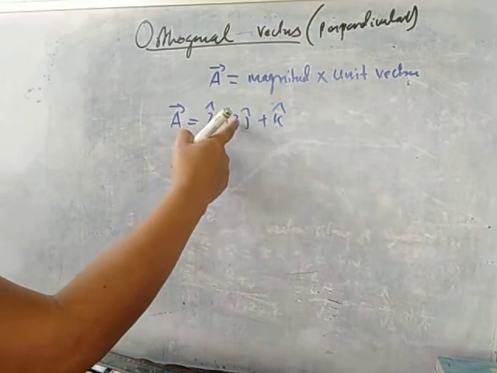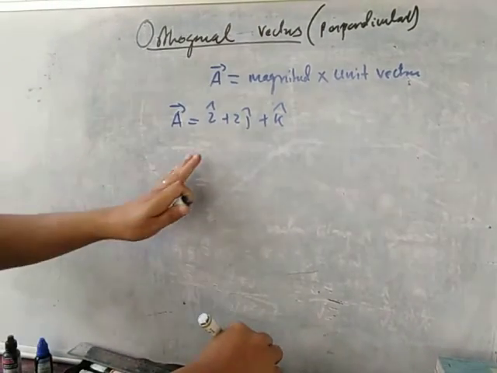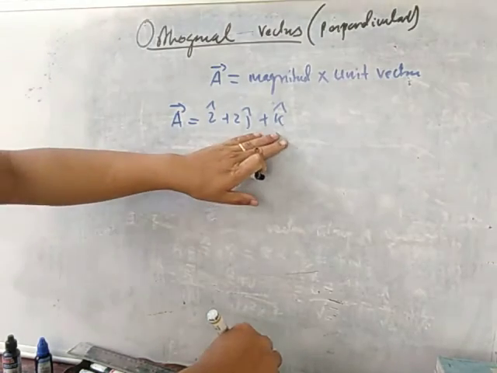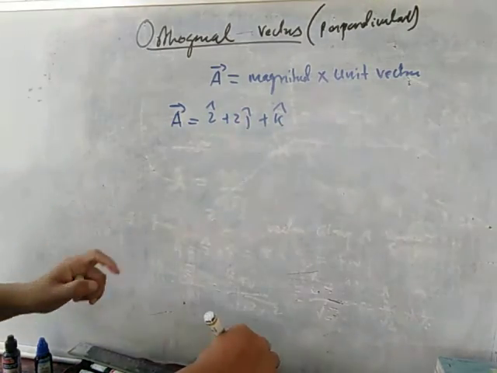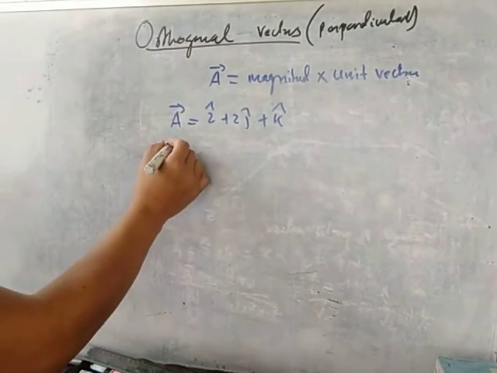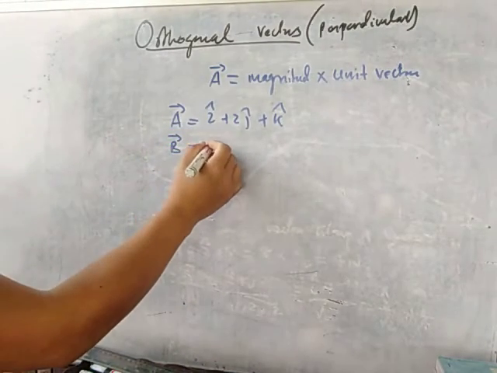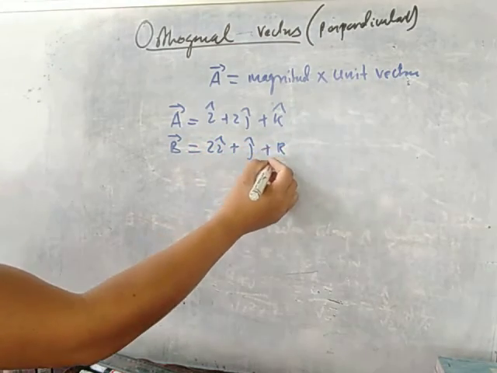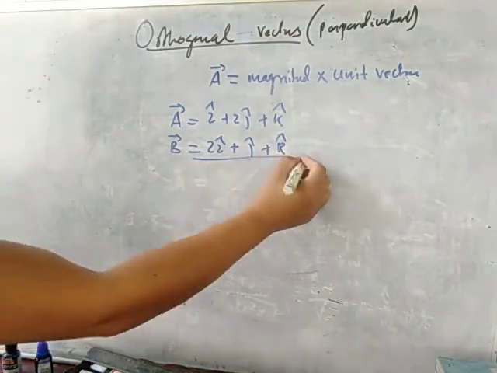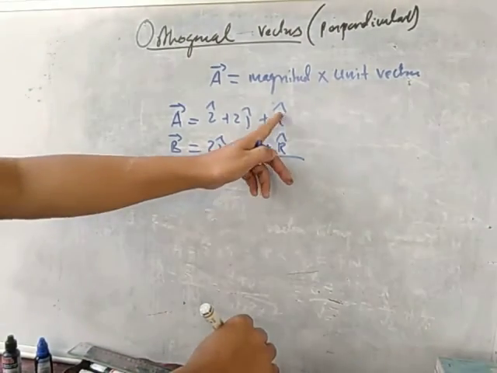So x y z direction, isn't it? Orthogonal, and this is called Cartesian form of vector. Vector b equals to 2 I cap plus j cap plus k cap. If you want to add this, just add. कसरी add गर्नु k.